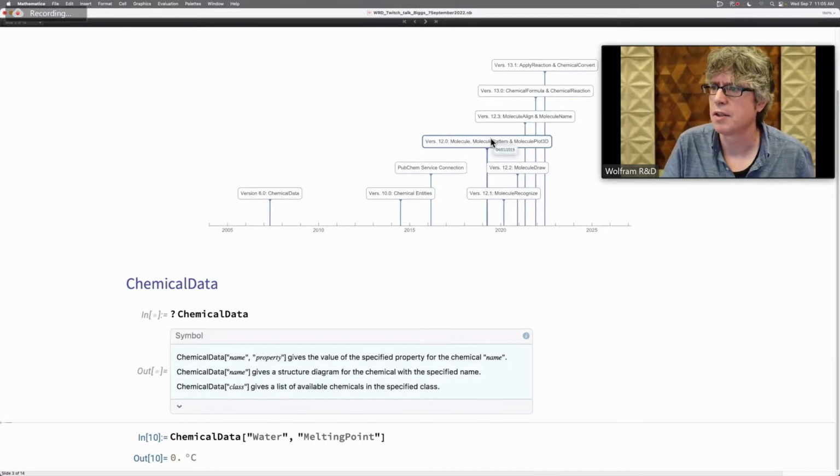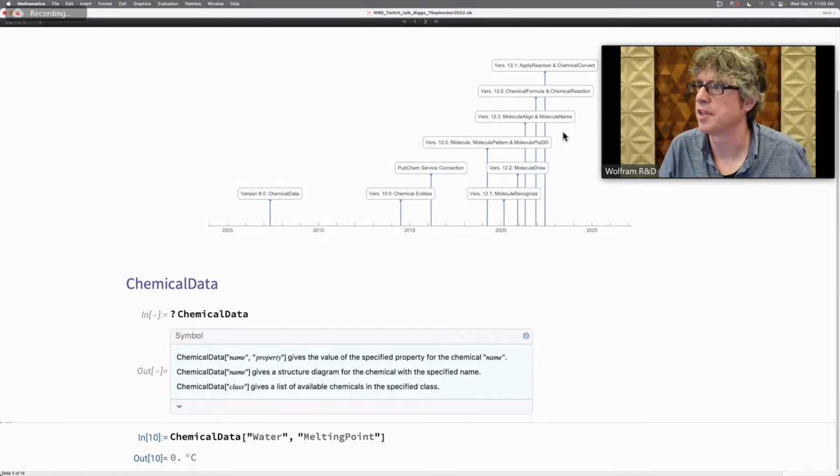So then, starting in version 12, we introduced the molecule as a data structure. And then after that, we jumped off. So I don't want to spend too much time talking about each one of these because we will get to those. I don't want to spoil, right?